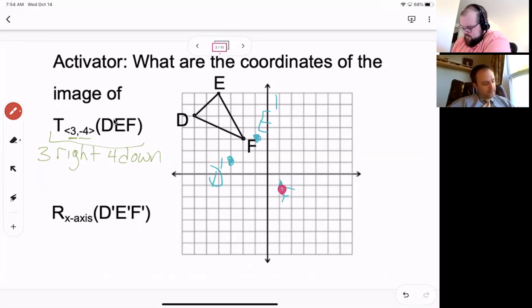F prime. How'd I do? Did I count correctly? That looks good to me, because if we then connect the dots, this shape looks congruent to the other one, minus my bad drawing. And we know that translations make things that are congruent, because I could slide that back right on top of it and it should match up.